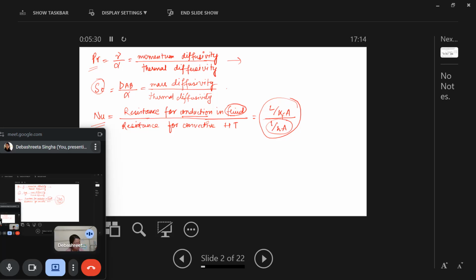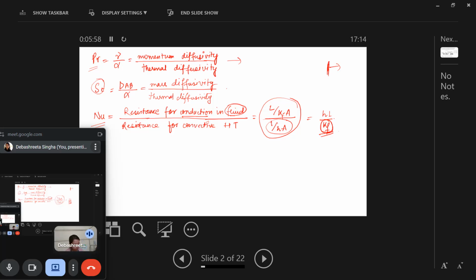And this convection is the heat transfer taking place from the solid to the liquid, at the interface or the boundary. So this will give you the Nusselt number, hL by Kf. This is for fluid. Note that this thermal conductivity is for the fluids.